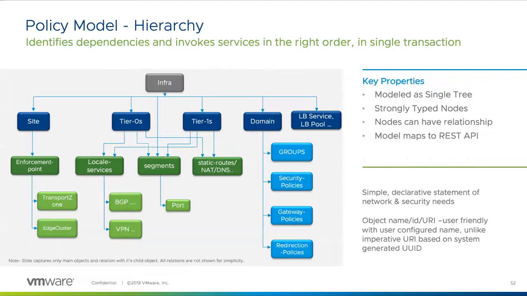So the policy model hierarchy, the key thing to note here, if you're deploying, or if you want to write a call for anything, is that everything is written in a parent-child relationship. So if you want to run a call on a specific port, you can know that just by looking at this tree, the tree kind of runs everything.